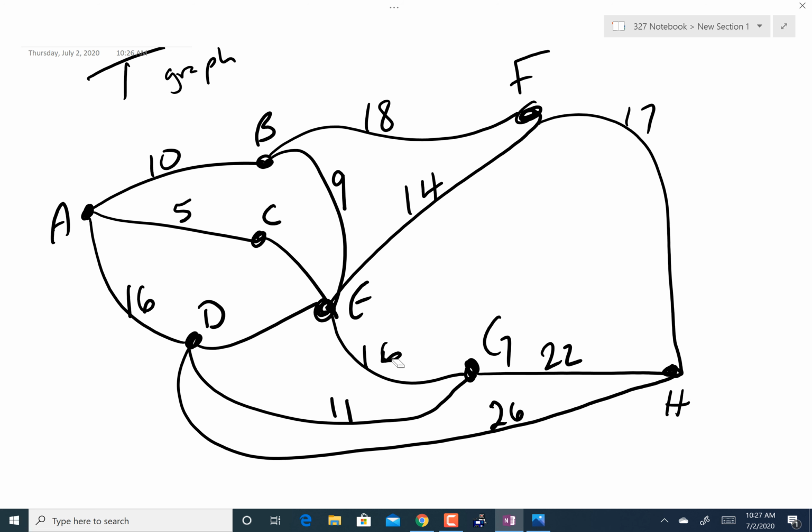No, I already did 16. Let's try something different. It doesn't really matter, but I want to try something different. There we go.